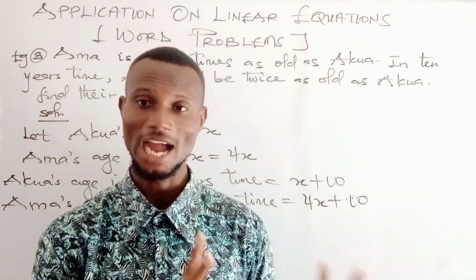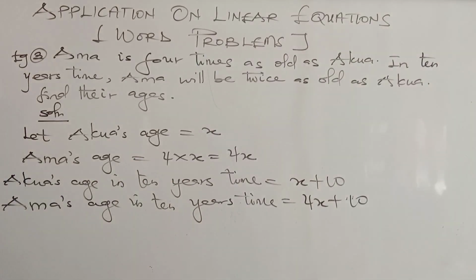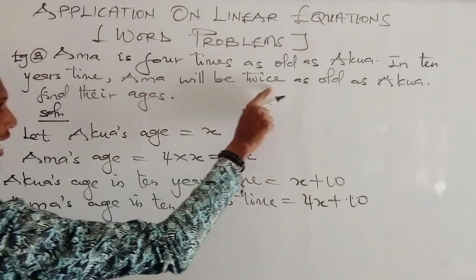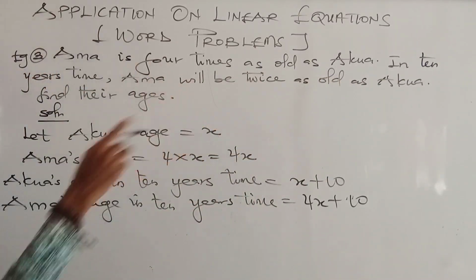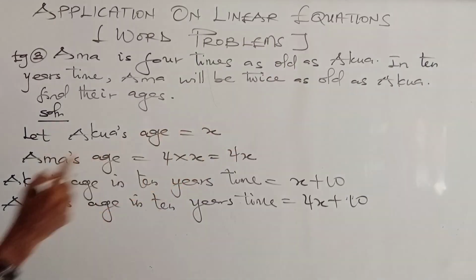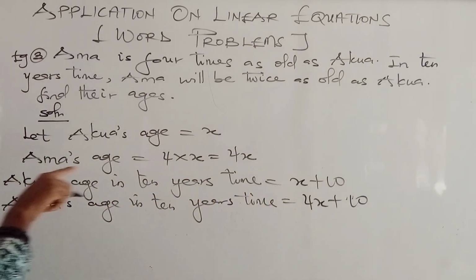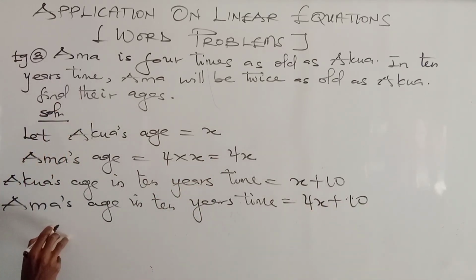I hope you agree with me up to this point. So let me read and write the equation down. It says that Ama will be twice as old as Ikea. Ama's age in 10 years time is 4s plus 10.